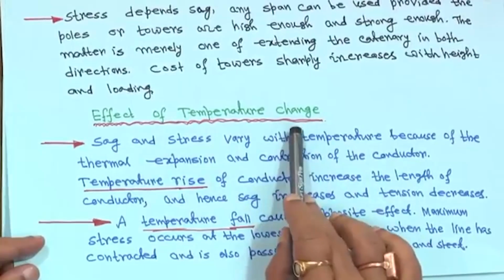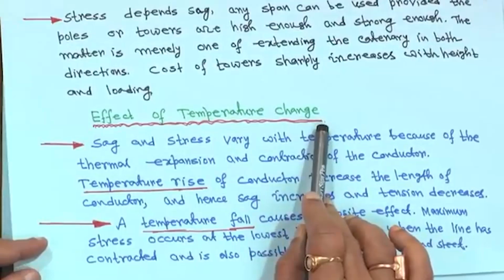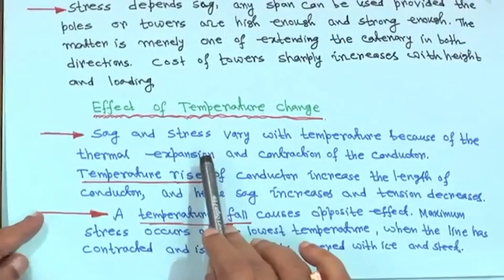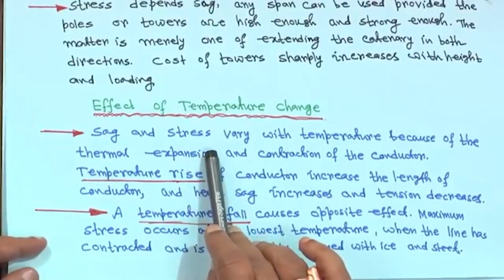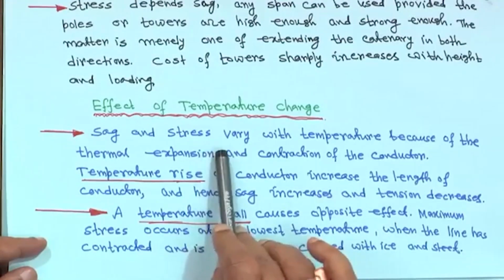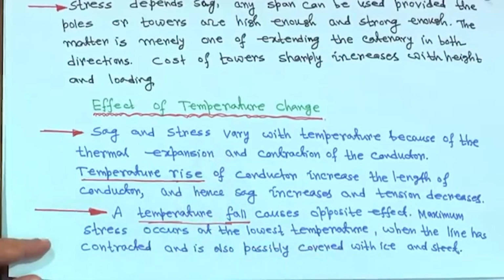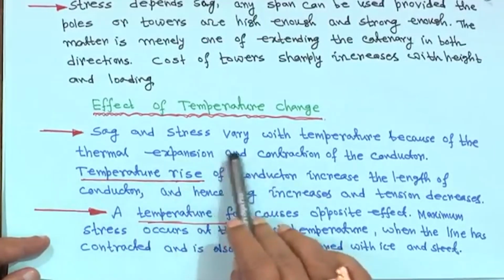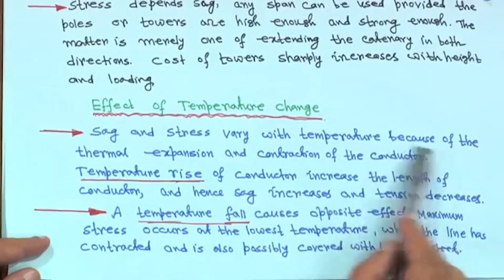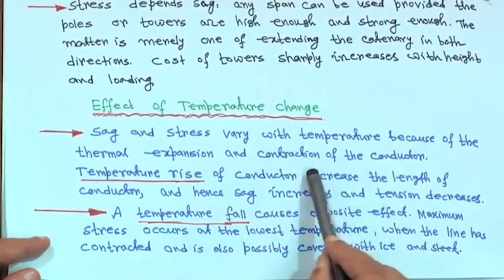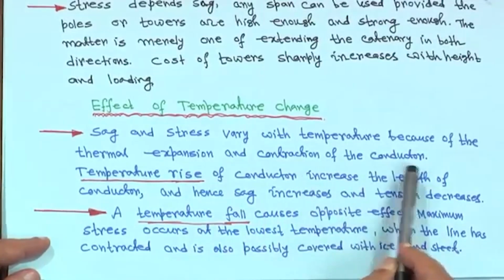Now, another thing is the effect of temperature change. Common sense says that in summer the sag will be more, and in winter it will be less because of the temperature variation. So, sag and stress vary with temperature because of the thermal expansion and contraction of the conductor.